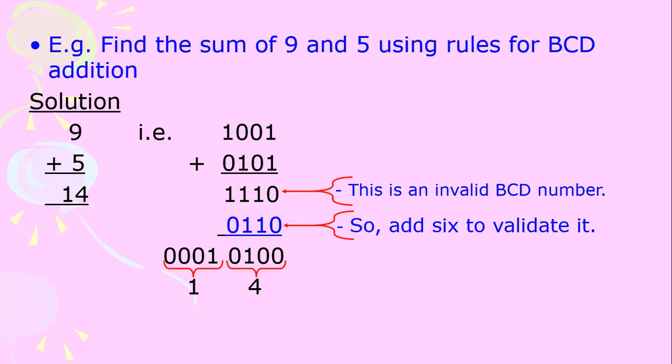But when we add 1, 0, 0, 1 for 9 and 0, 1, 0, 1 for 5 directly, the answer we got was not the result required in BCD. That's why we had to validate it by adding 6. And therefore, the result we have gotten is now a valid BCD number.